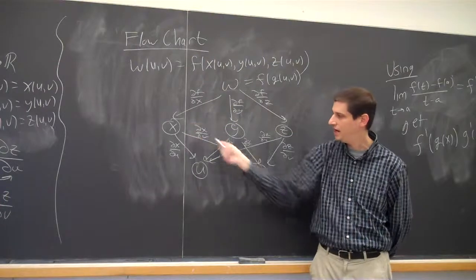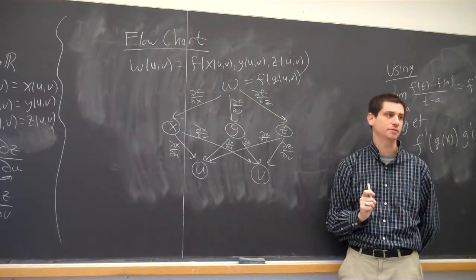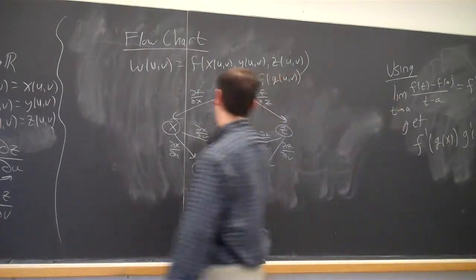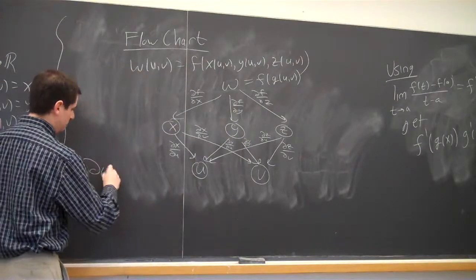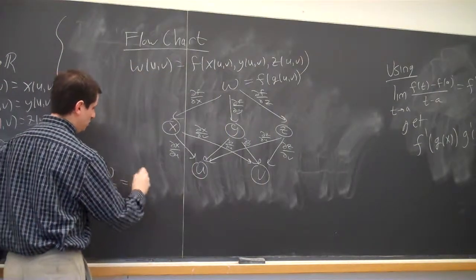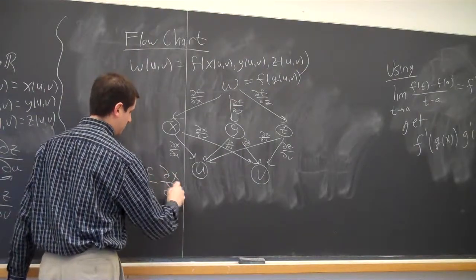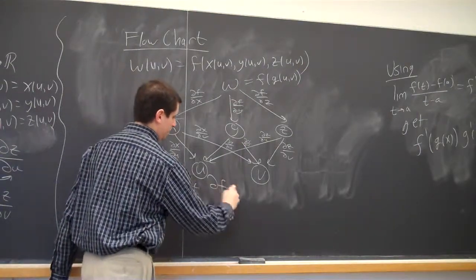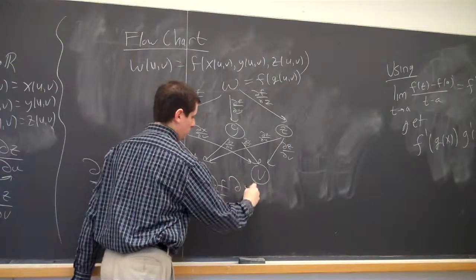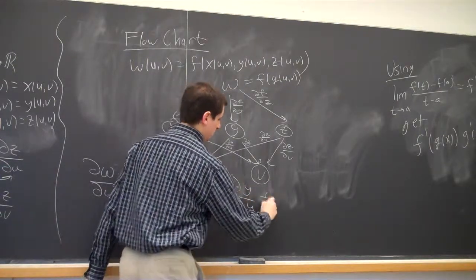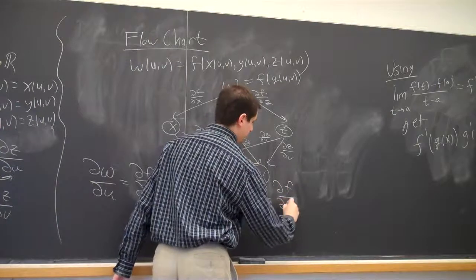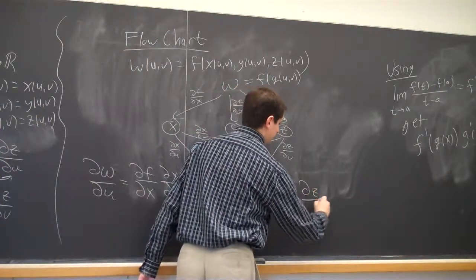And every time I have an arrow followed by another arrow, I multiply. So then dw du would be df dx dx du plus df dy dy du plus df dz dz du.